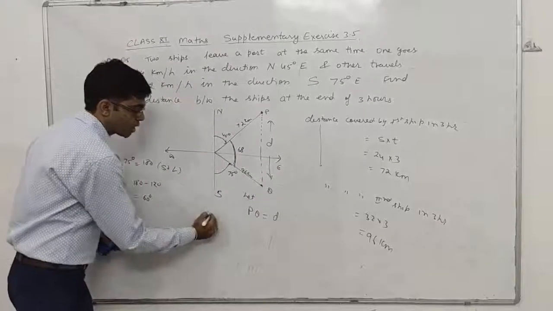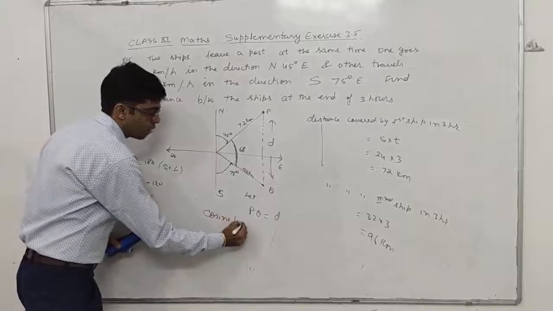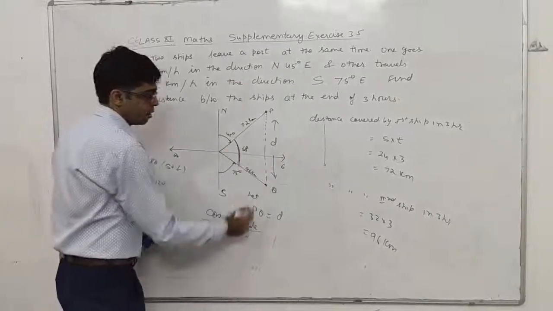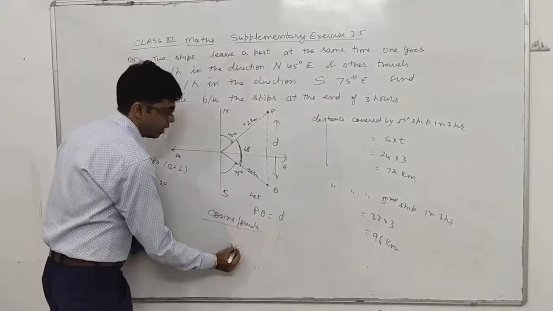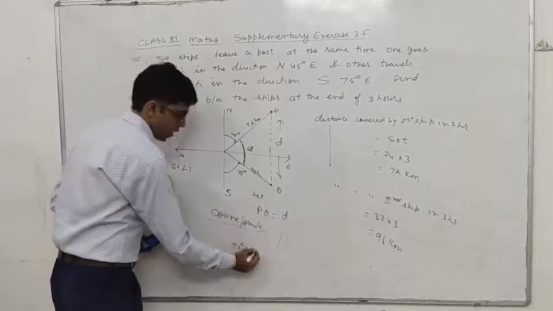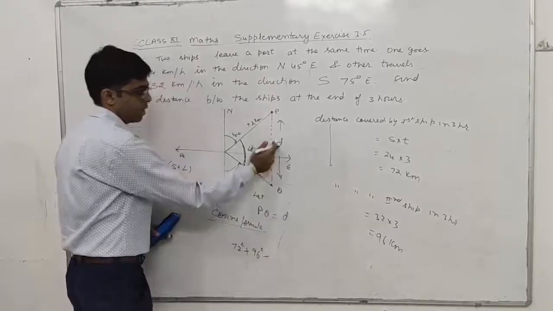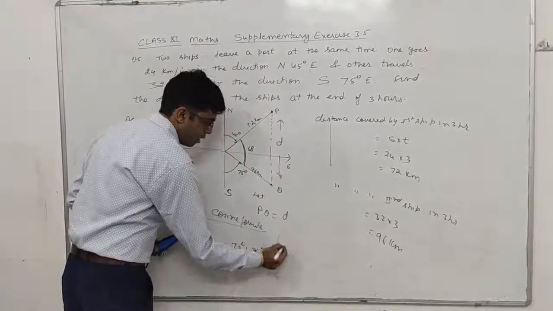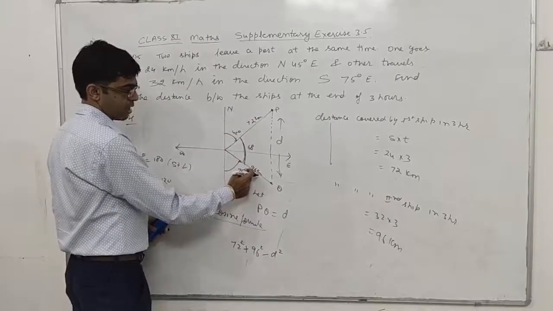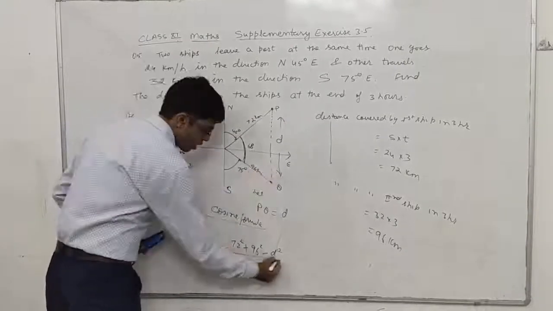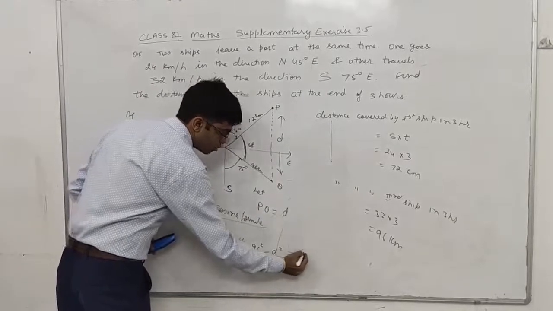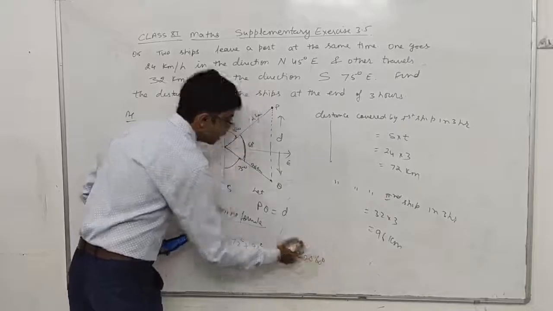So by cosine formula. What was the cosine formula? 72 square plus 96 square minus D square upon 2 into 72 into 96 is equal to cos 60 degree.